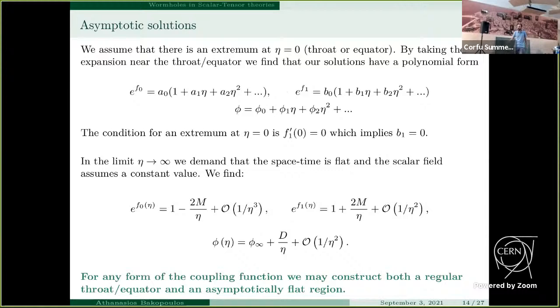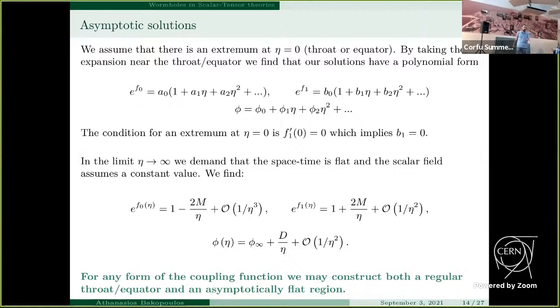In order to find the solutions, we start from the two asymptotic regions. We assume that there is an extremum at theta equal to 0. This will be a throat or an equator. And we find that the solutions there have a polynomial form. And the condition for the extremum requires that this coefficient here is 0.